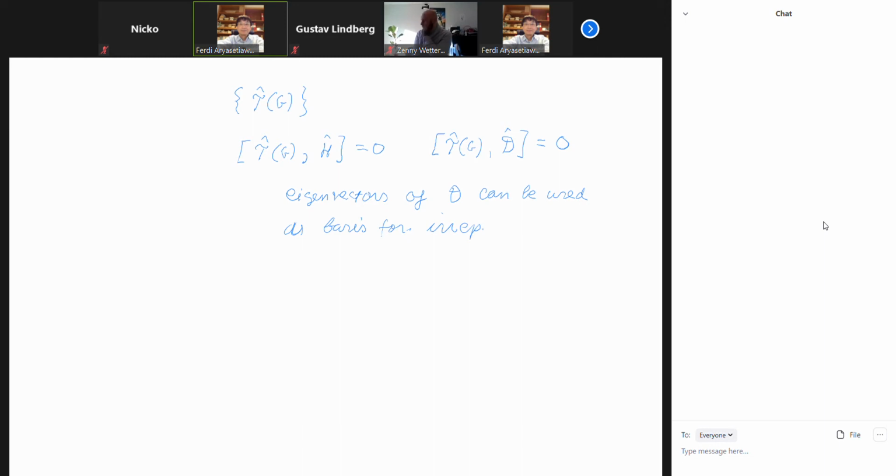That's a general result that we had before. The degenerate, I should say degenerate in general, eigenvectors of D can be used as basis for irreducible representations of the group.